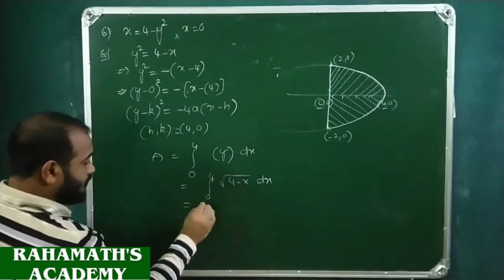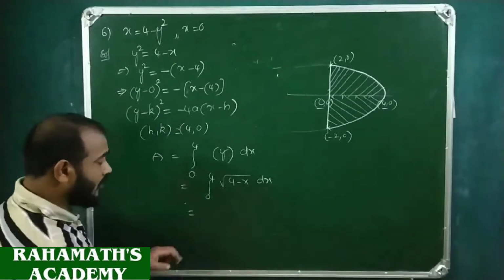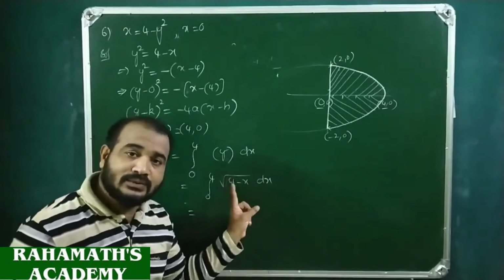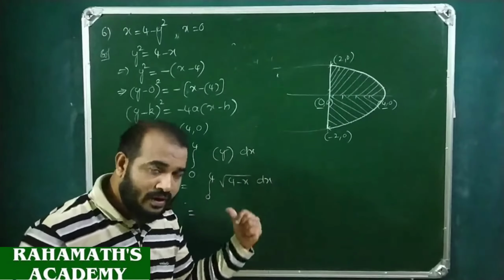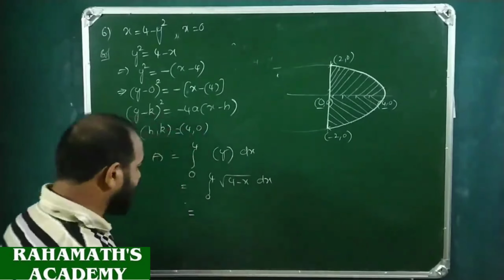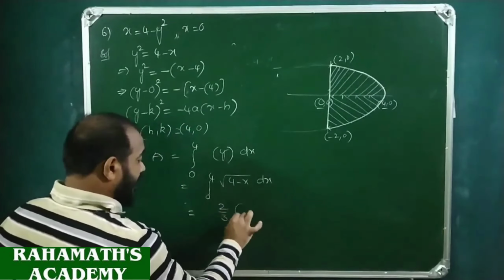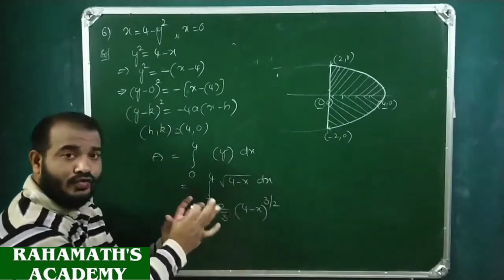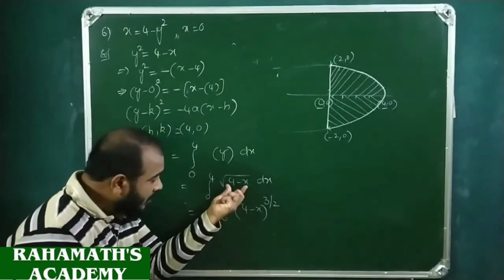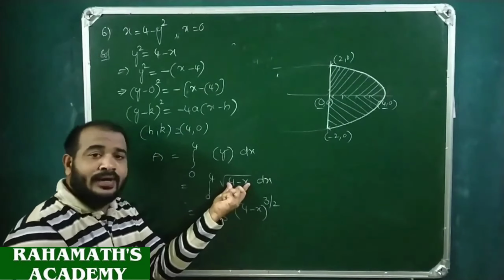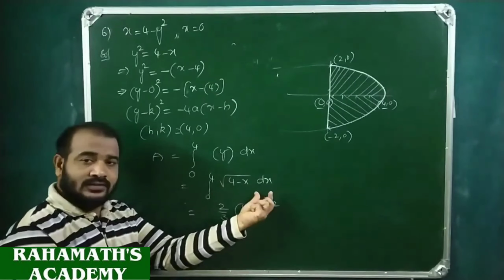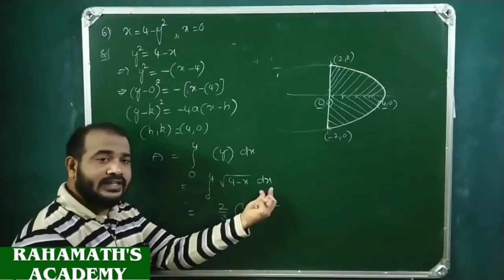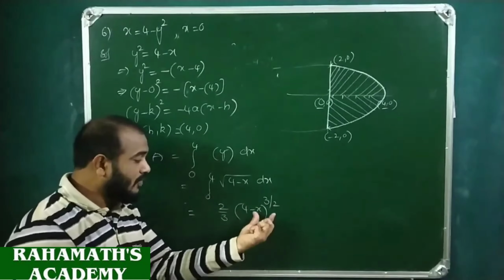This is equal to, we know the integral of root x is x power 1 by 2, x power 1 by 2 plus 1, that is 2 by 3 x power 3 by 2. So this is 2 by 3, 4 minus x whole power 3 by 2. Not over x, because here we treated this to be x and proceeded.